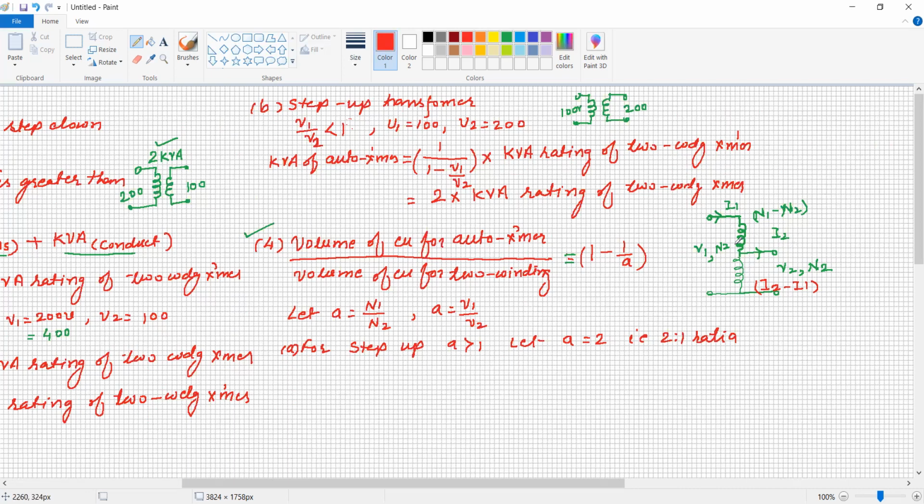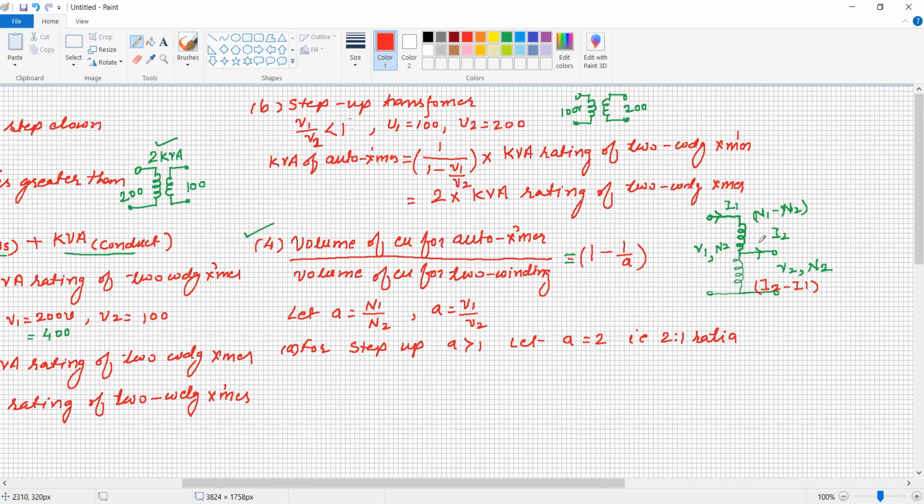So for the auto transformer, we can save the copper required as compared to the 2 winding transformer, isn't it? So the volume of copper or volume of conducting material is smaller than the 2 winding transformer. This is one part for the material. Second, since core material can be reduced, the cost and the size of auto transformer is smaller than the 2 winding transformer.